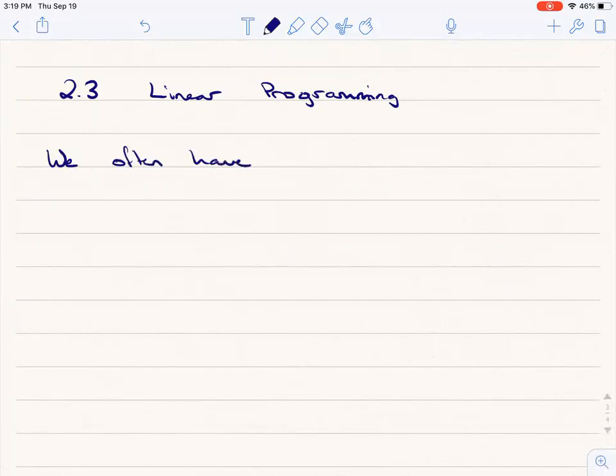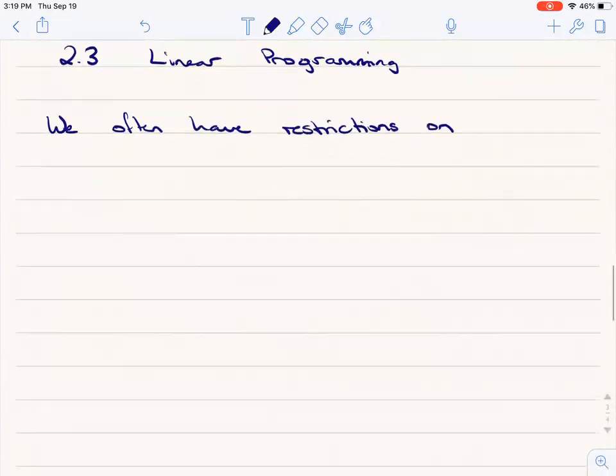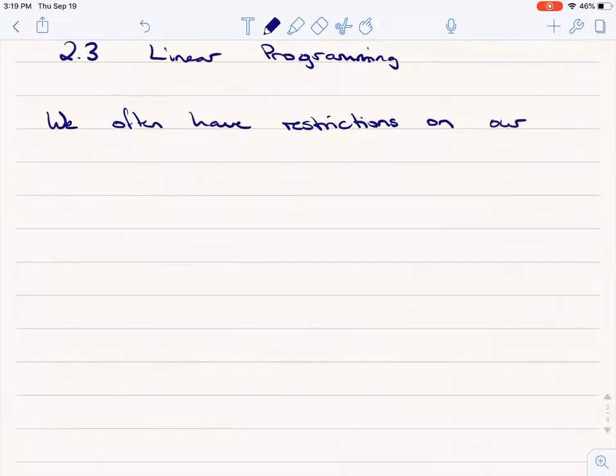We often have restrictions on our profit function.